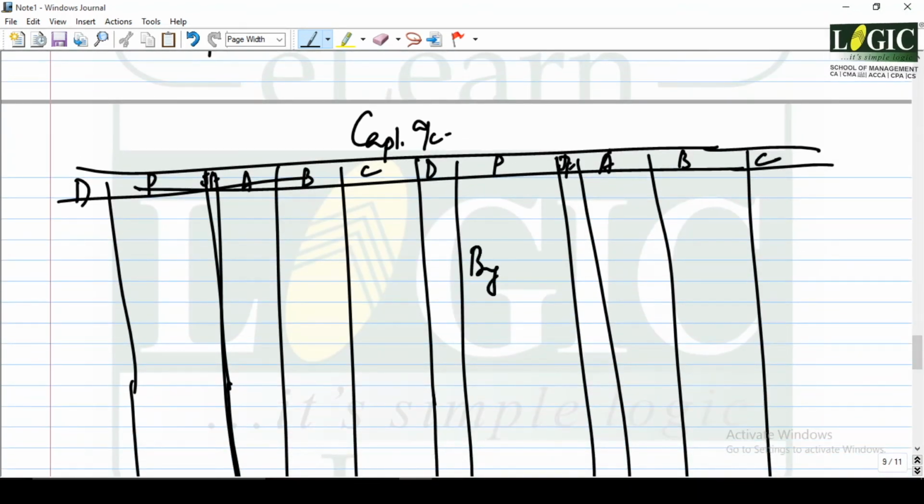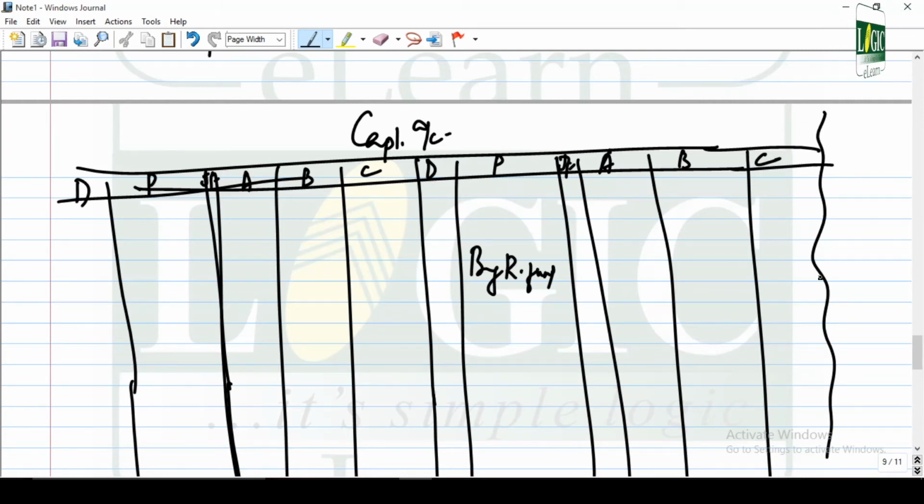Reserve refers to accumulated profits or undistributed profits meant for future needs. Whatever the reserve is so far should be enjoyed by A, B and C in their old ratio.